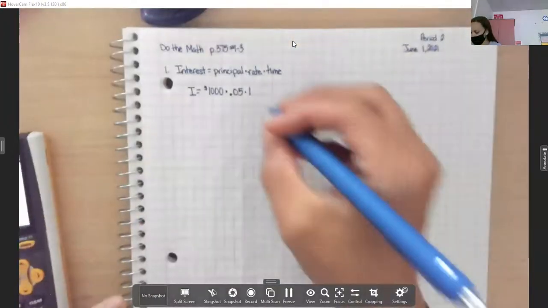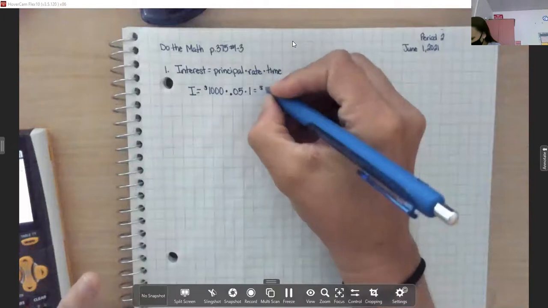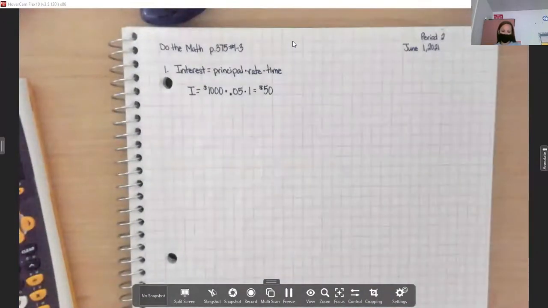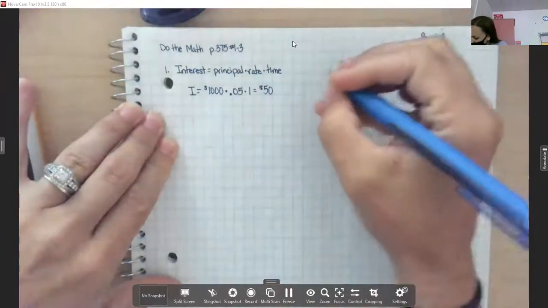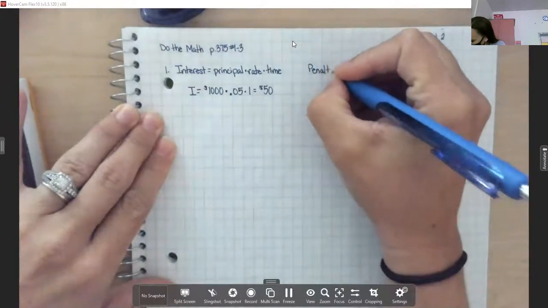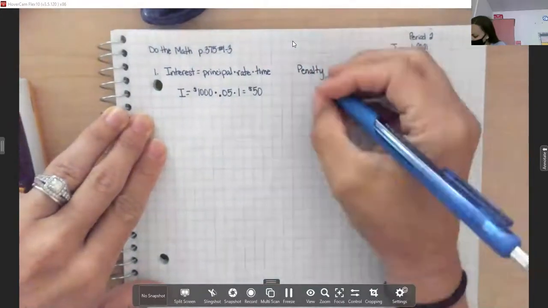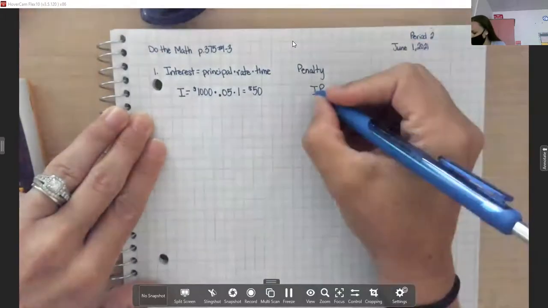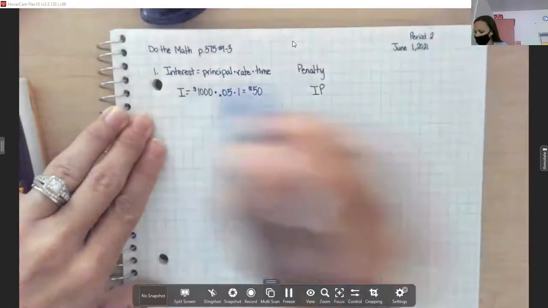See if that focuses. And then the book said the penalty for taking it out early is a 6-month interest penalty. So the penalty is equal to 6 months interest. So I'm going to call it IP. I should just call it P for penalty, but P is for principal there.